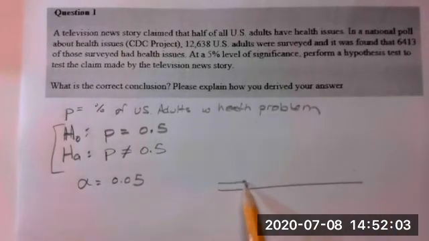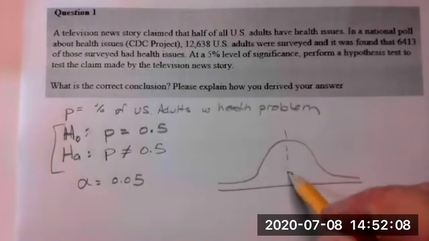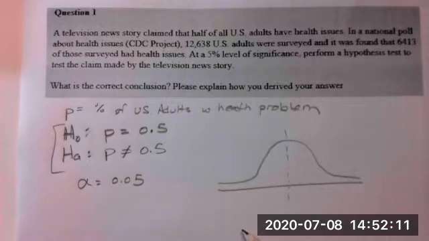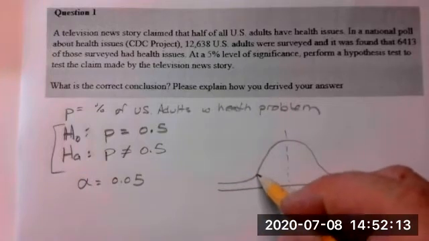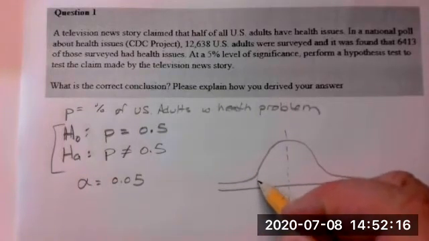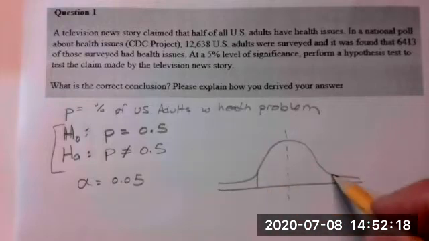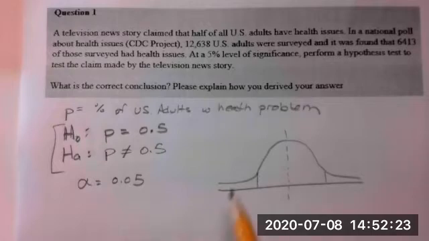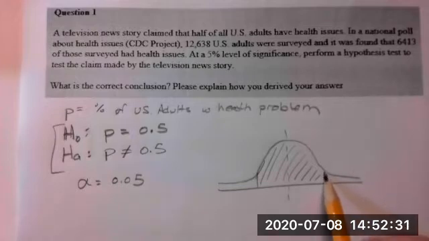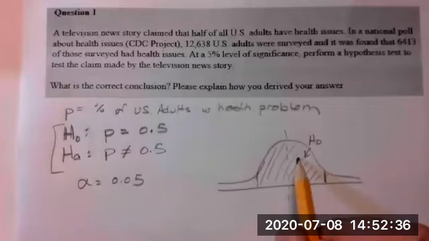All right. So in general, what does this mean? If we have a normal population distribution, and here's our average, we're saying that our null hypothesis is that half of the people have health problems. H0 is this area here, so this has got to be half, 50% inside here.